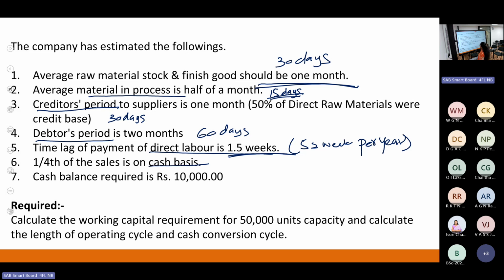Sorry, 75% is on credit basis, and the cash balance is 10,000, right? What they ask is to calculate the working capital requirement for how many units? 50,000 units. If you have highlighters, highlight this one. This is most important. 50,000 units.